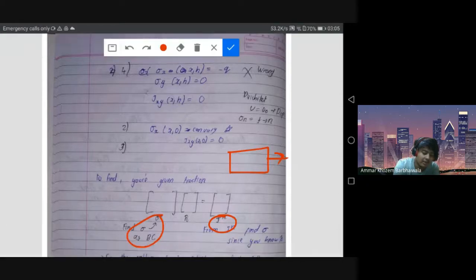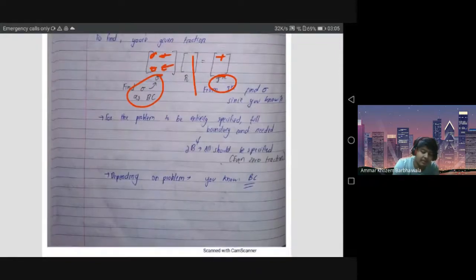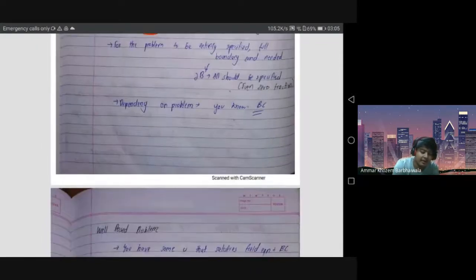So I can write the four sigma values, and then I can apply the matrix multiplication and get the solution in terms of this in any case. So this is how we specify the boundary conditions.